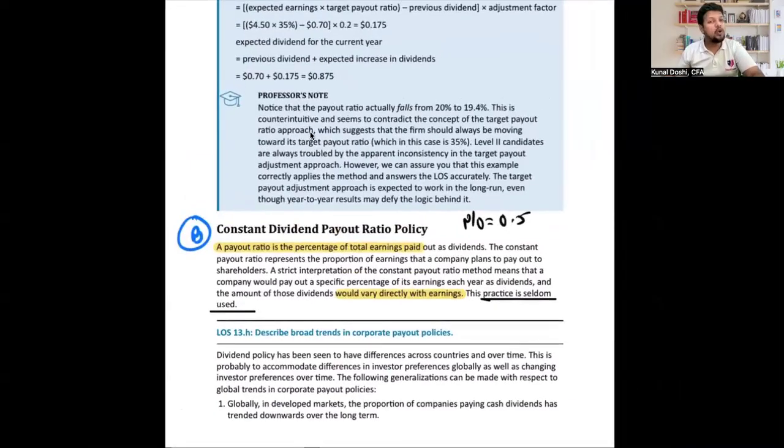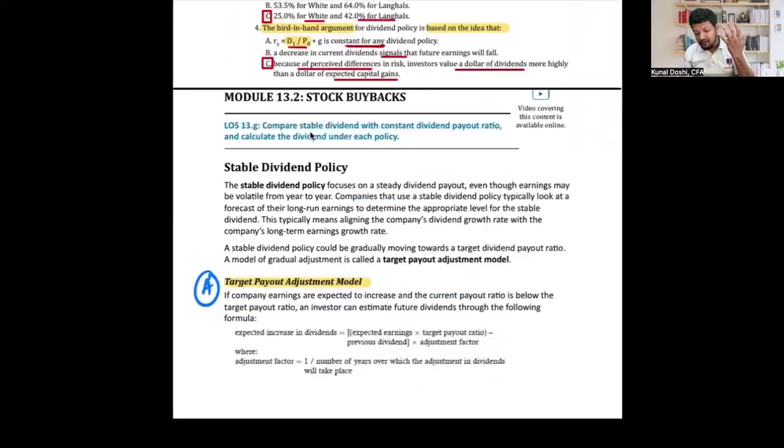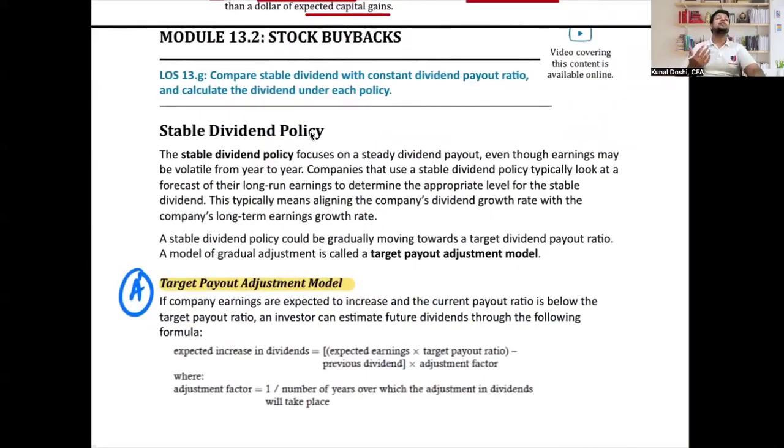In reality, no company follows the payout policy strictly. Sometimes they have to give more or less dividends. They can't time it in a manner that every year the payout ratio is followed. So what they do is gradually adjust themselves to the payout ratio. Got it?